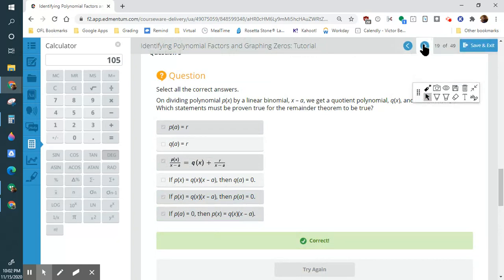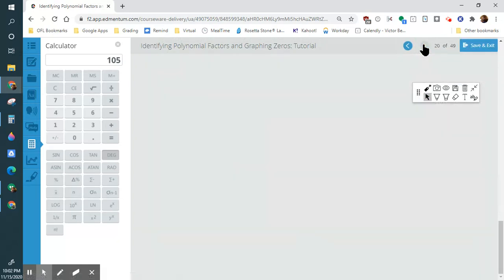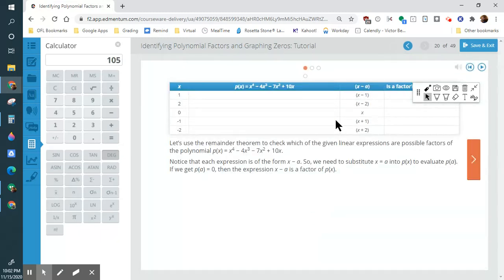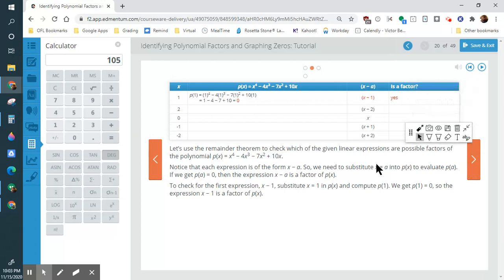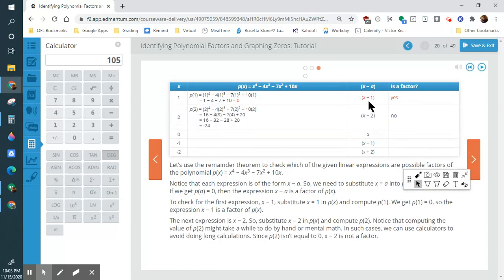Let me just go over what we learned from that. So this is just a long, complicated way of saying that if you plugged in a positive 1, you got 0. So that means x plus 1 is a factor. If we plug in a positive 2, we got a negative 24, so it's not a factor.